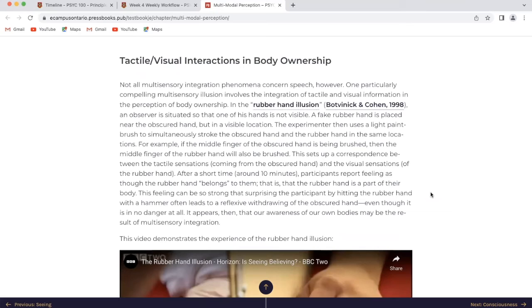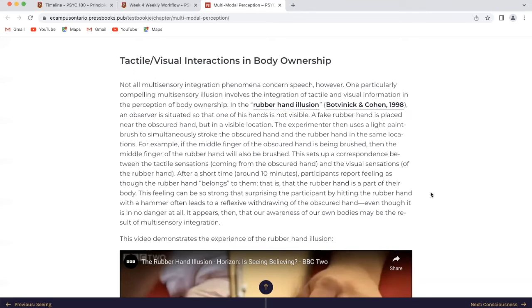A fake rubber hand is placed near the obscured hand, but in a visible location. The experimenter then uses a light paintbrush to simultaneously stroke the obscured hand and the rubber hand in the same location. For example, if the middle finger on the obscured hand is being brushed, then the middle finger of the rubber hand will also be brushed.